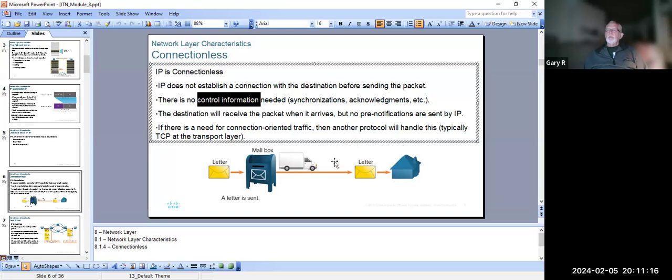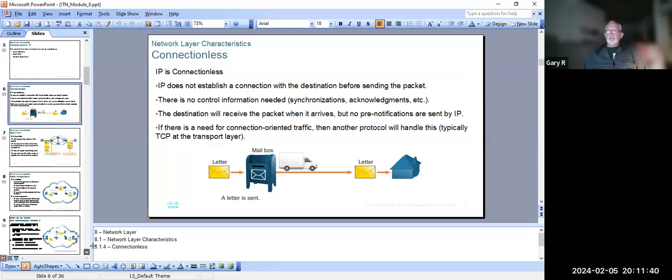When a communication needs to be connection oriented, IP does not get involved with that connection. That's handled by TCP at the layer above. IP is only concerned with getting the addressing right and sending it off. And if it gets there or not, generally it doesn't know.